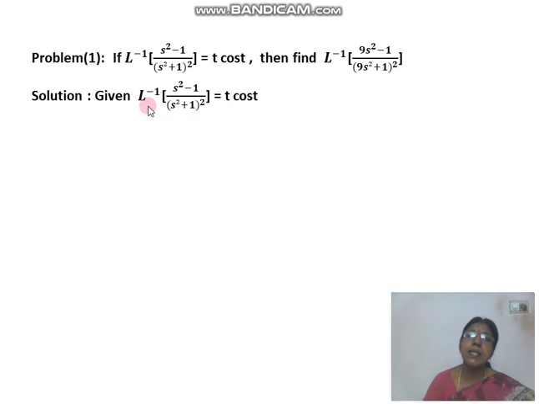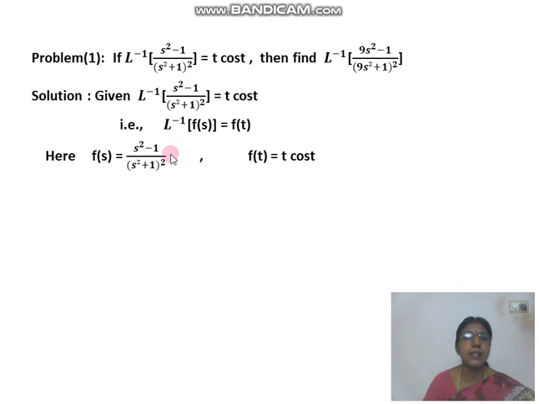After L inverse there should be f of s, so we have L inverse f of s is equal to f of t. Now this is f of s and this is f of t. So f of s is s square minus 1 by s square plus 1 whole square, and f of t is t cos t.